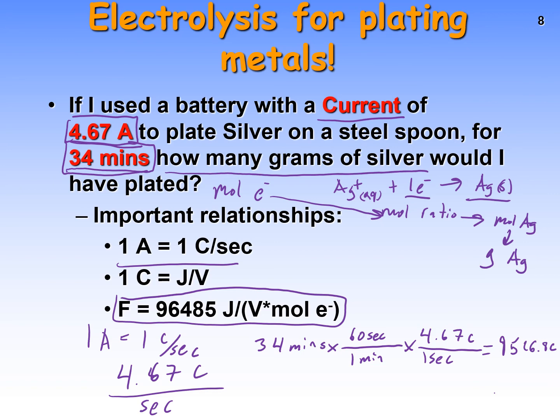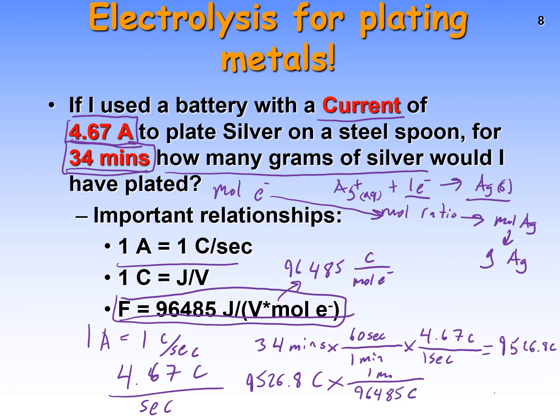Now, if I take that and Faraday's constant, this is in units of joules per volt per mole of electrons. We can also write Faraday's constant in a different set of units, which is coulombs per mole of electrons. So if we think about that, I have 9,526.8 coulombs. And if I divide that by Faraday's constant, I can get moles of electrons. Coulombs cancel. Then I can use a mole ratio here between electrons from my reduction half reaction.